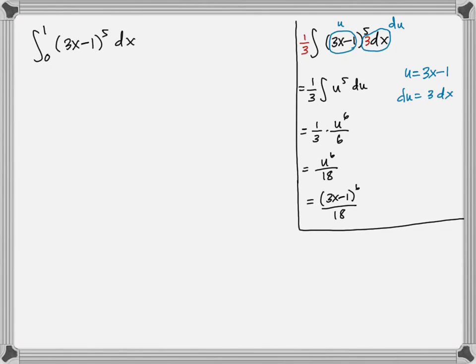Okay, so there are 2 ways to deal with those limits. The first way is to just figure out what the integral is equal to: (3x minus 1) to the 6th over 18. And then evaluate that from 0 to 1, and just plug in like you normally would.